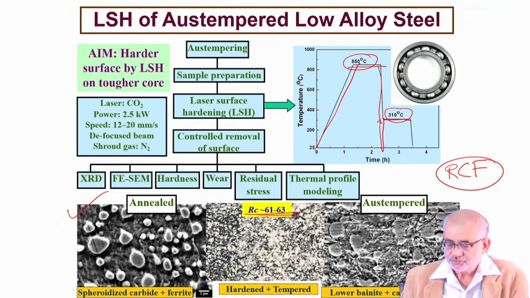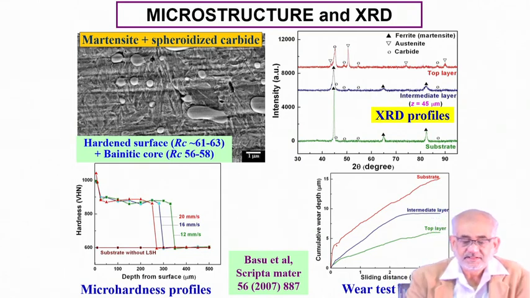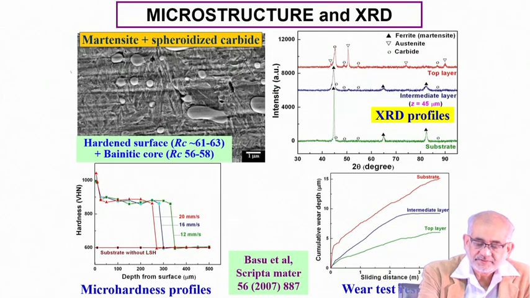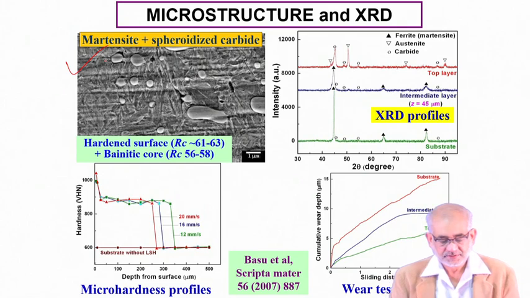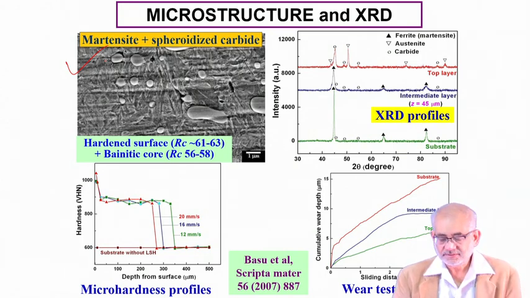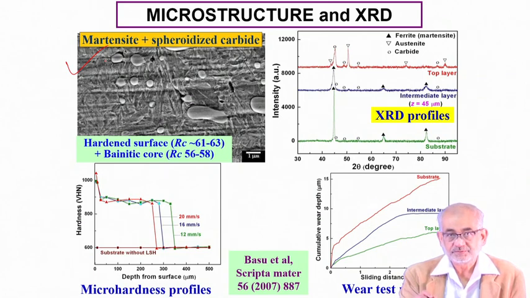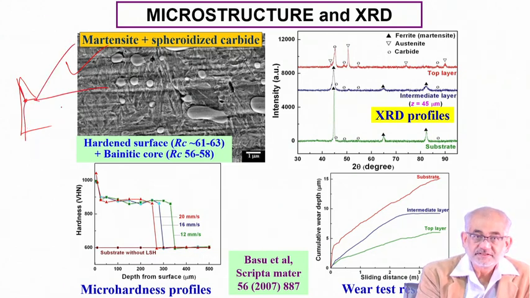So what we wanted to do now is to take this material and try to bring in a microstructure which will be martensite along with spheroidized carbide. So we want the surface to be heated by laser controlled, confined heating, which will again take it up to the steel portion.